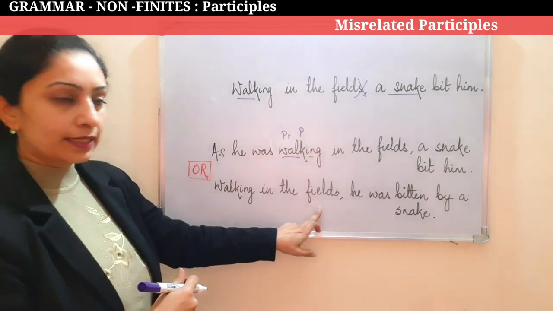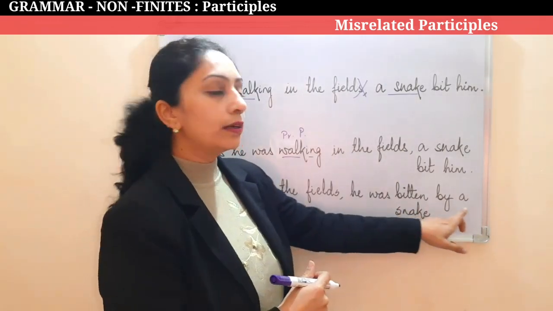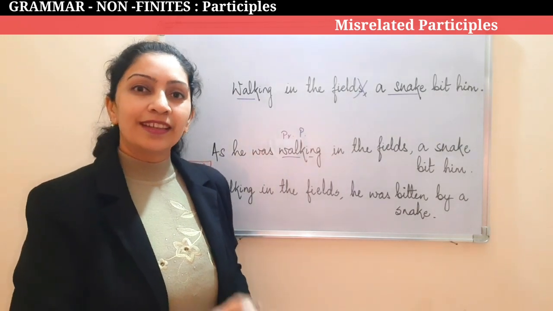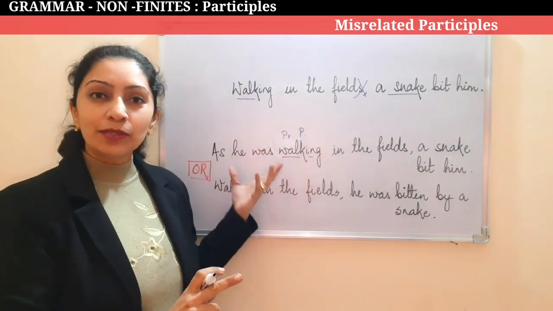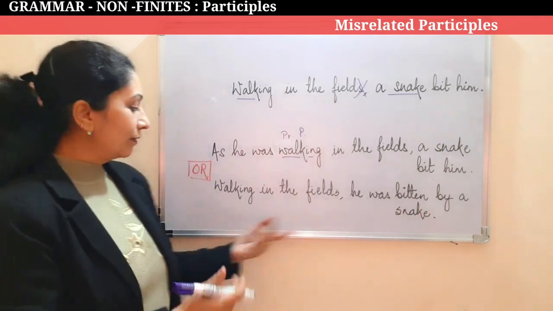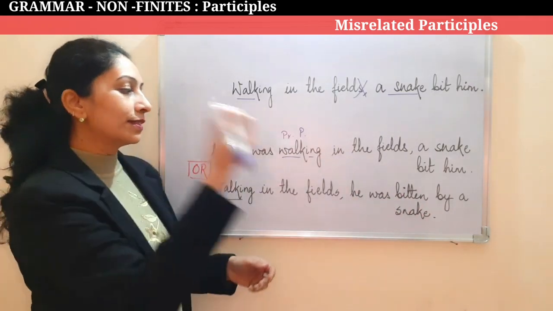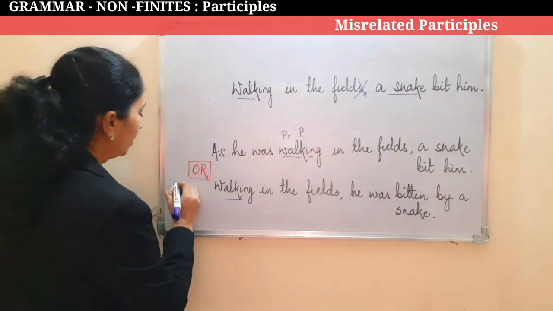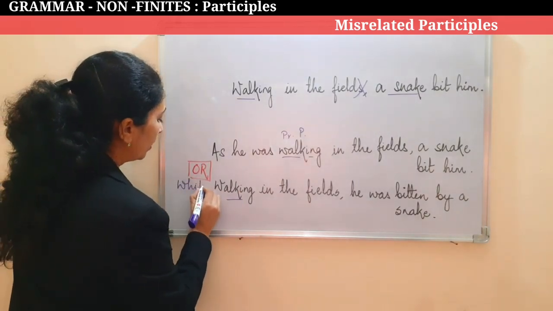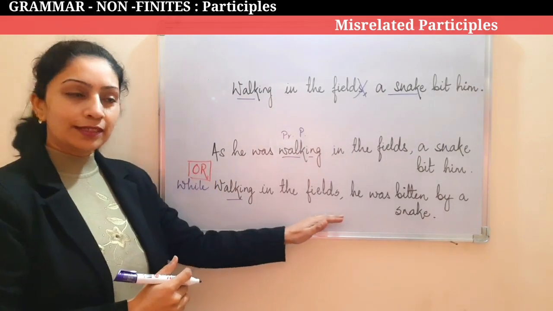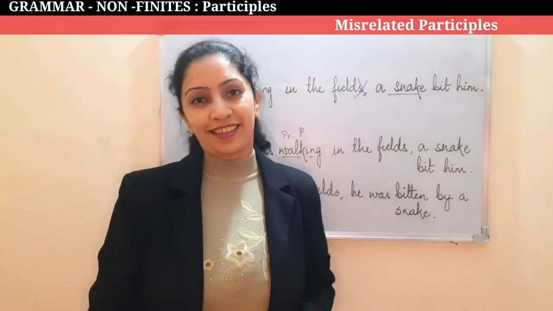Walking in the fields, he was bitten by a snake. Remember the passive verb condition that I had told you? Yes. So this sentence can also be formed in this way where we have a passive verb. Or you can also mention another word here at the beginning of it, while. So I can also make it: while walking in the fields, he was bitten by a snake.